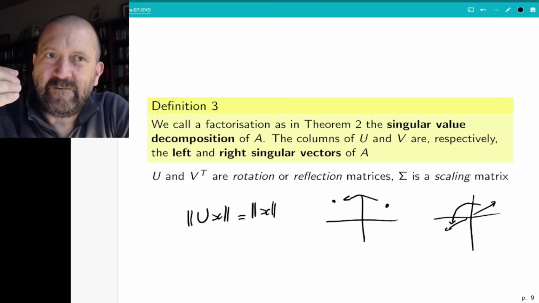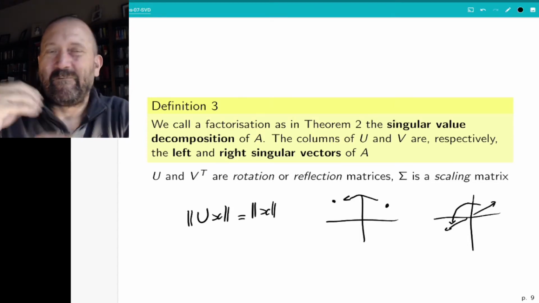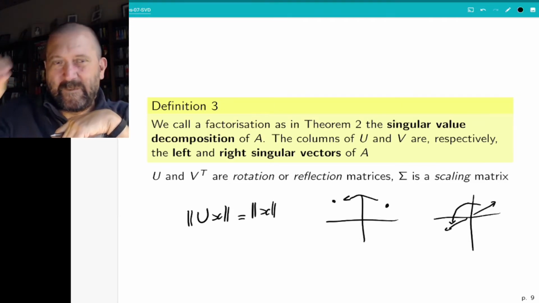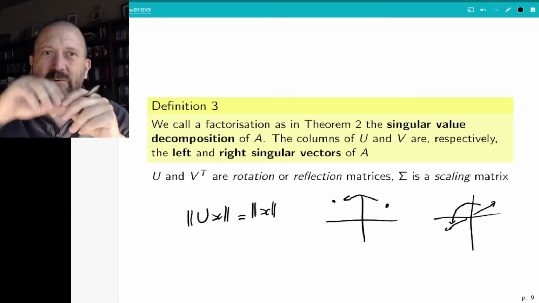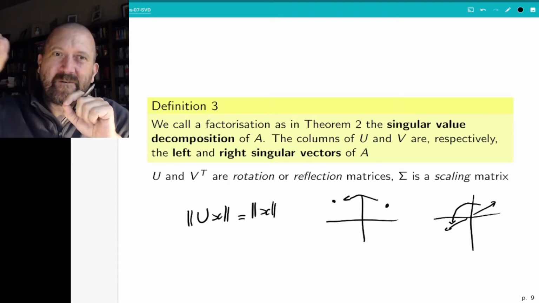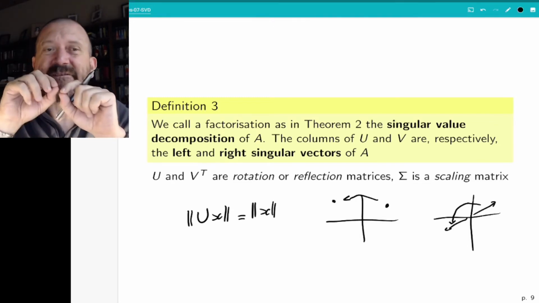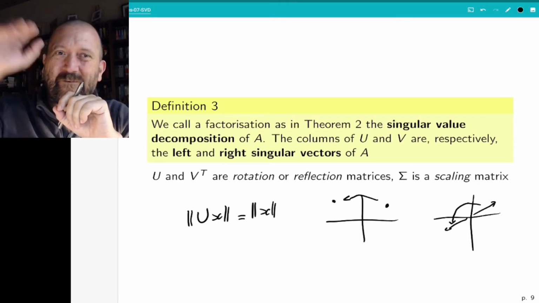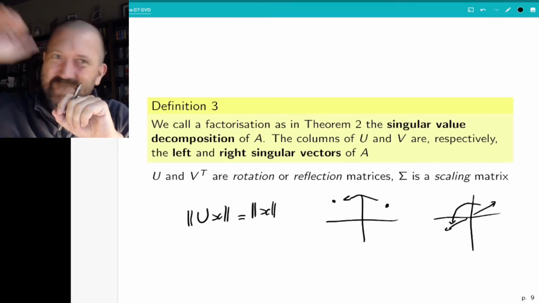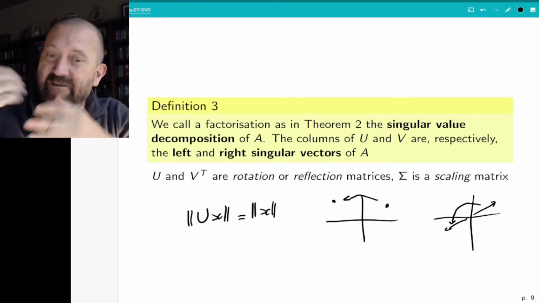And sigma, on the other hand, scales things. When you multiply a vector by a matrix that has entries only on the main diagonal, you're changing the length of the components of the vector along its direction. And so that's a scaling.